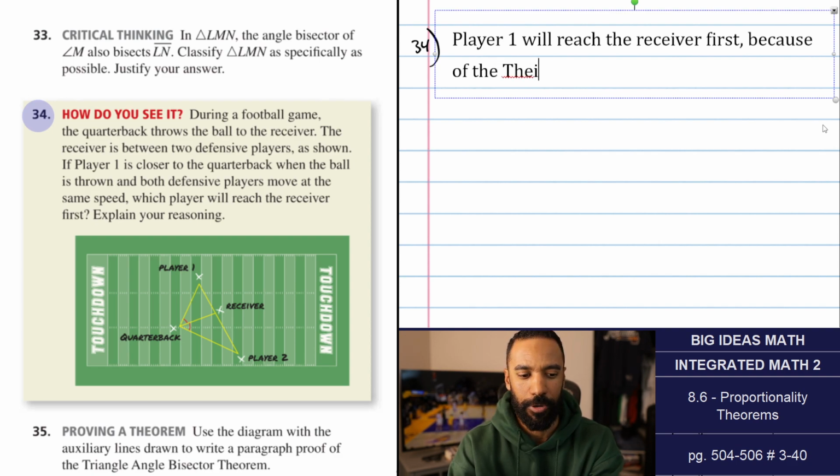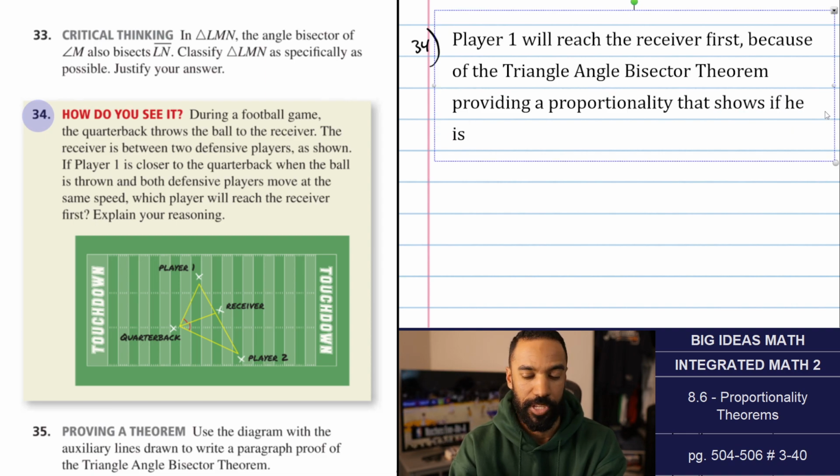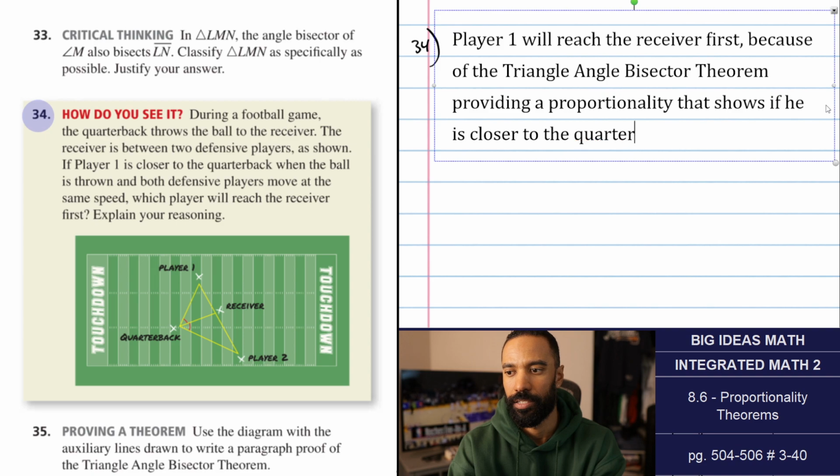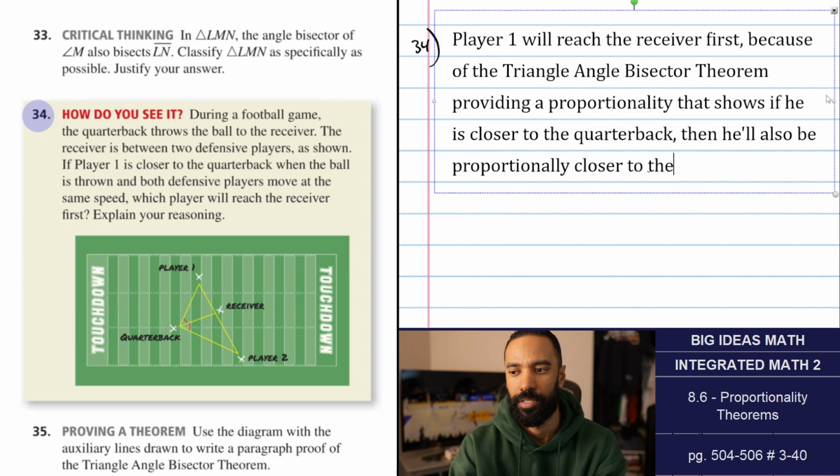Because of the triangle angle bisector theorem, providing a proportionality that shows if he is, I'm assuming it's a he, closer to the quarterback, then he'll also be proportionally closer to the receiver.